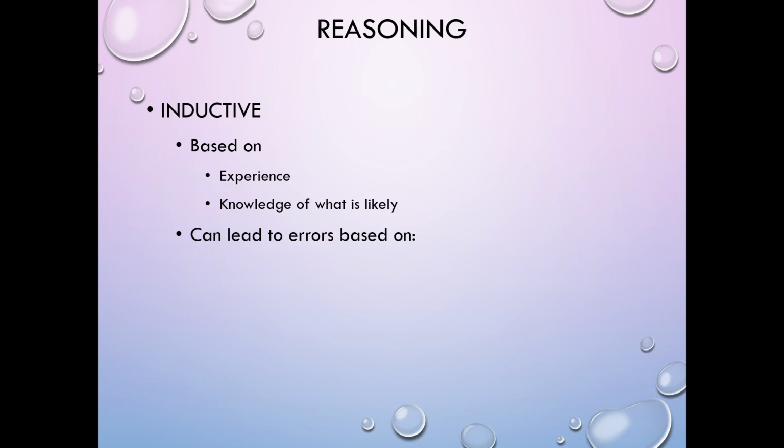What's popping into my mind on the knowledge of what is likely is my texting keyboard. I use the Google keyboard for that, and it makes guesses about what word I'm trying to type, and sometimes it'll make an incorrect guess, but what I've gotten in the habit of doing is looking at my text before just hitting send, because you can oftentimes send out just garbage.